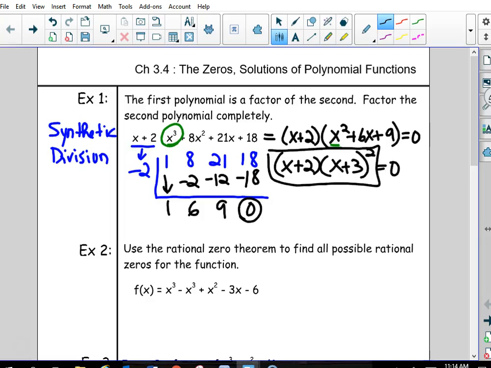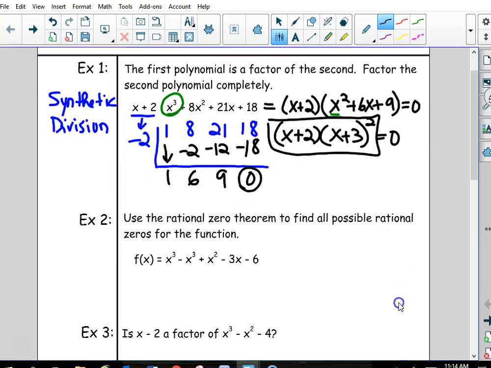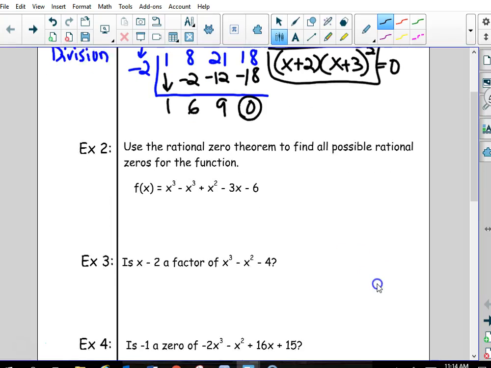Use the rational zero theorem to find all possible rational zeros. Okay, it's not asking me to find all of the zeros for this particular polynomial. All it's asking me to do is list all possible rational zeros for the function.